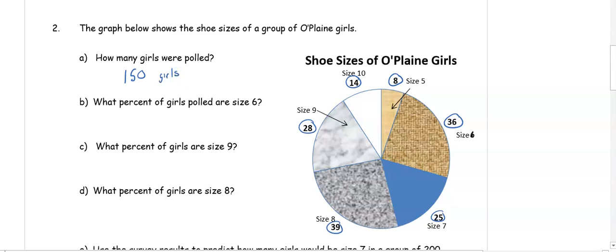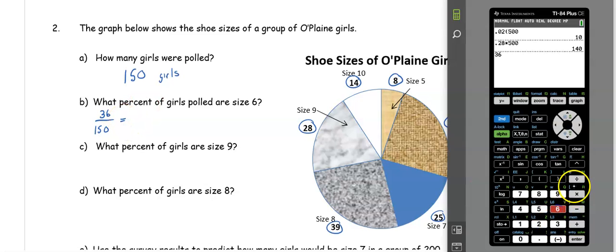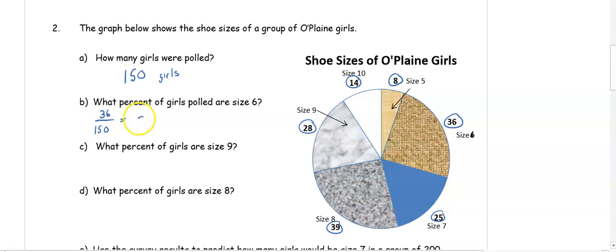What percent of girls polled are size 6? There were 36 girls that said their shoe size is 6, out of the 150. So we can divide 36 by 150 and multiply by 100, and that's going to get us 24%.